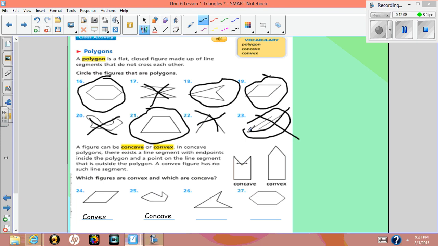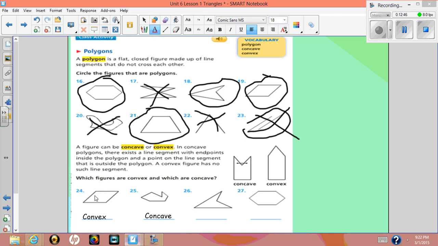Now there's a term for the different kinds of polygons. There's a term called concave or a term called convex. A concave polygon exists if the line segment with the endpoints is inside the endpoints, and a convex is outside the line segments.